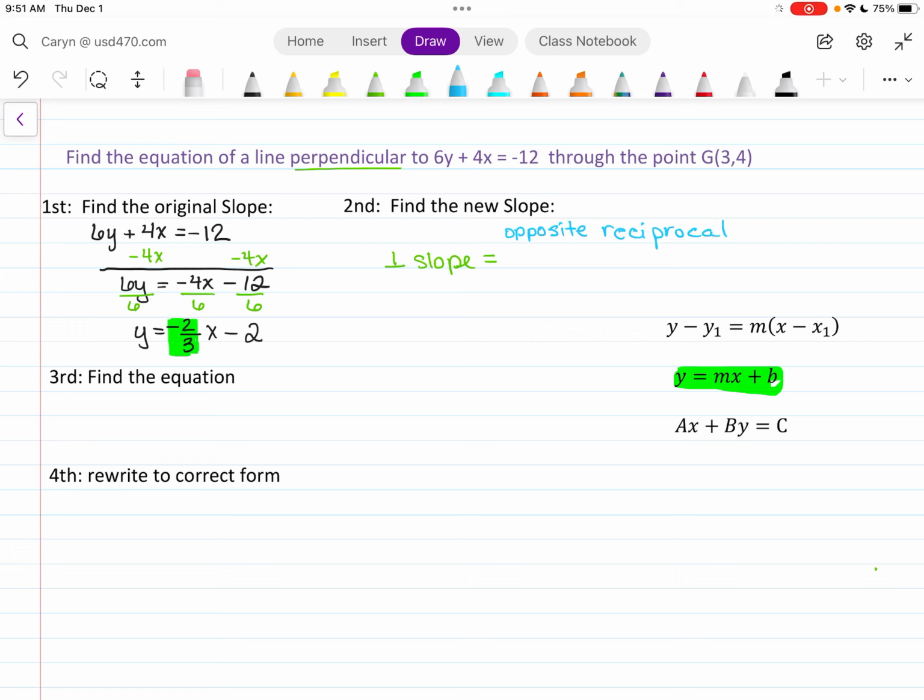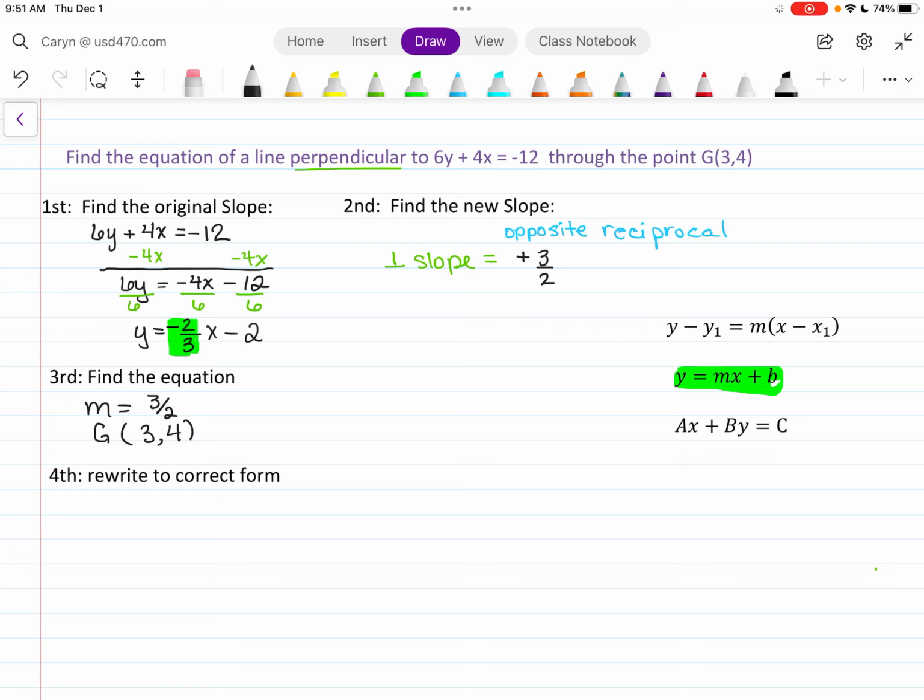So if my first slope was negative, my new slope would be positive. My first slope was 2/3. When I flip that, my new slope is 3/2. So I now want to write an equation given the slope 3/2 and the point (3, 4).